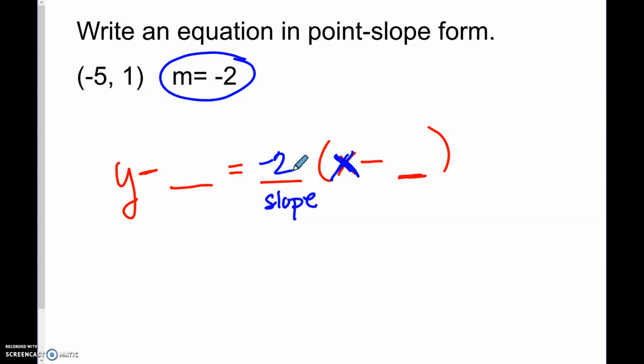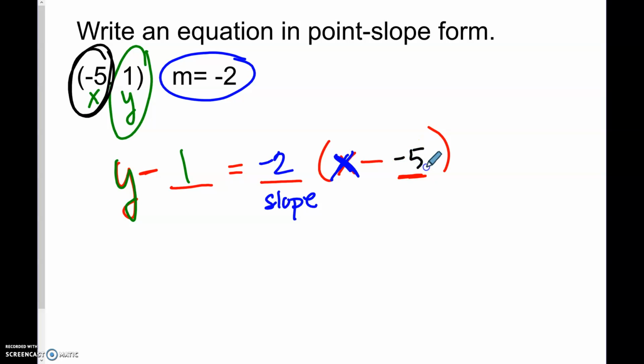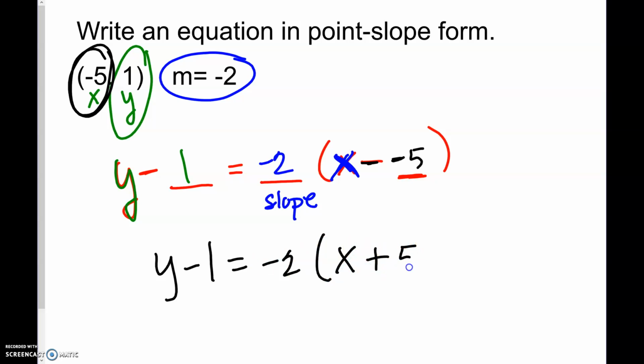Okay, now the rest of it comes from, you have to pay attention. This is x, this is y. Y, in this blank by y, you just put a 1. Then in place of this x, x is -5, so you have to put your -5. Now, the only thing that mathematicians don't like is that you have a double negative here. So you have to write y minus 1 equals -2, parentheses, x plus 5.